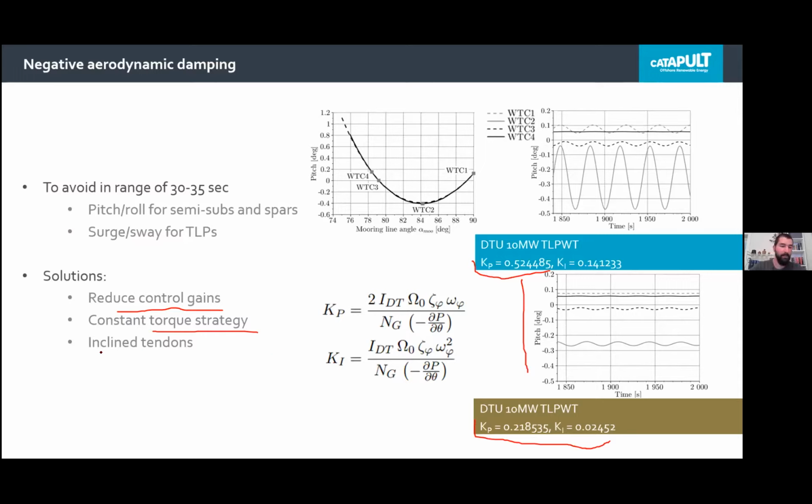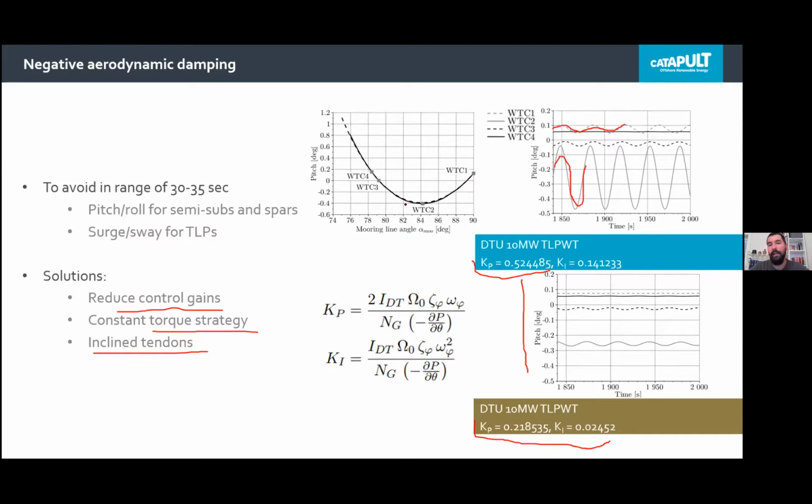What I did, because as I mentioned before, I played with inclining the tendons of a TLP. Yes, I will just mention TLPs for a second. Apologize for that. Well, this is what I did here, right? WTC1 and 2 have vertical or just slightly inclined legs, and there is an oscillation provided by aerodynamic damping here and here.